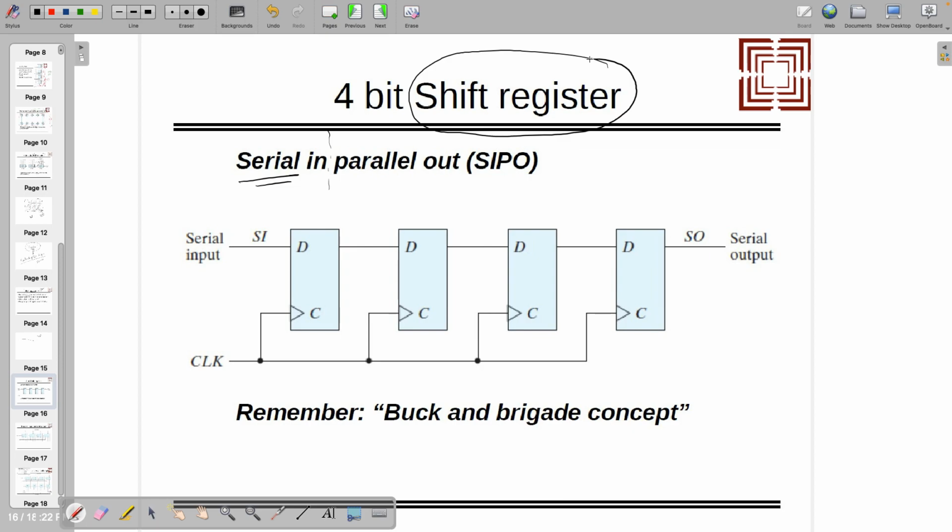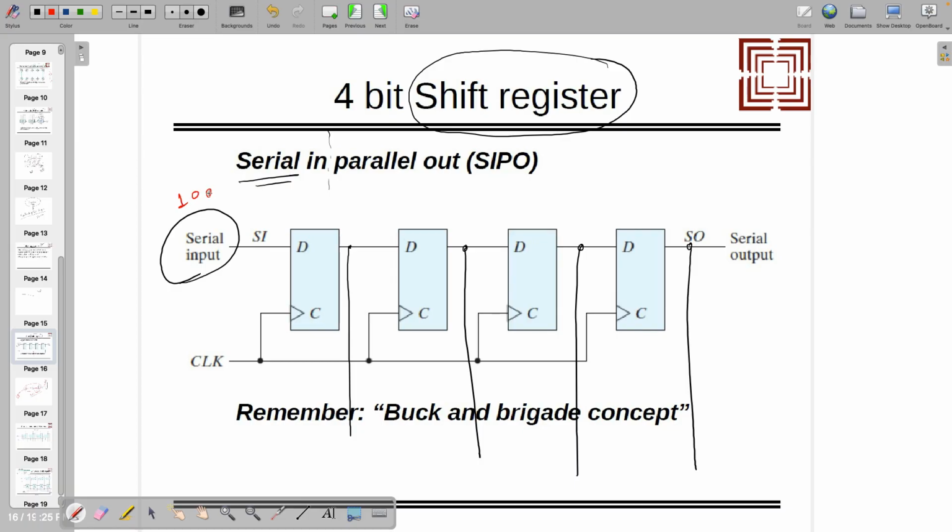Serial in and parallel out means the input is going serially, one by one, bit by bit, and the output comes as a sequence of something like this. If it is 4 bit, I'm giving 1001. Let's say this is what I am giving every clock cycle when it's going from 1 to 0.